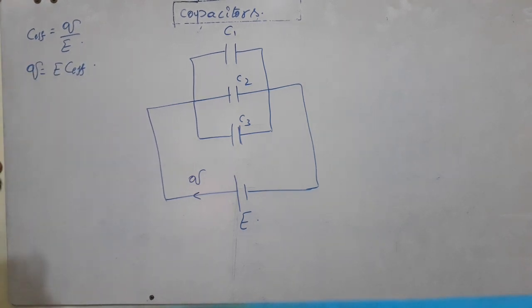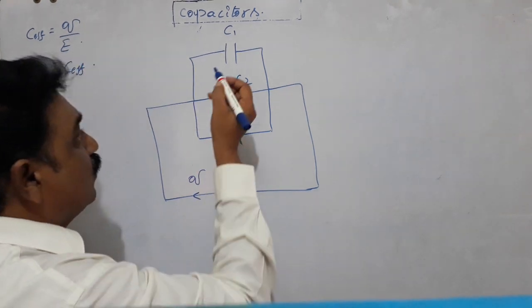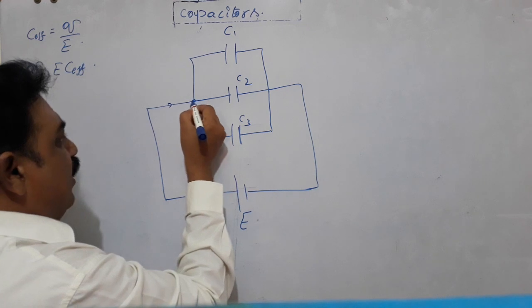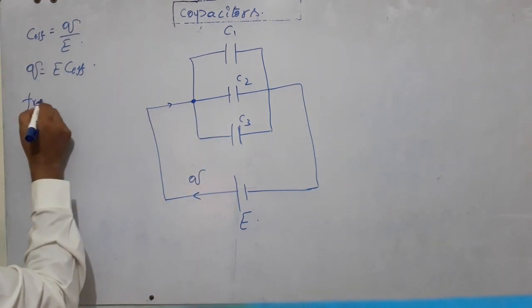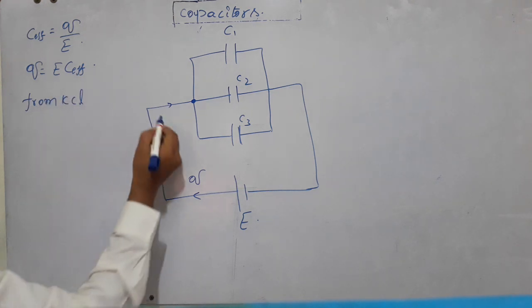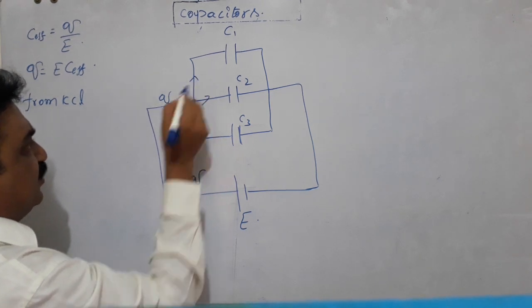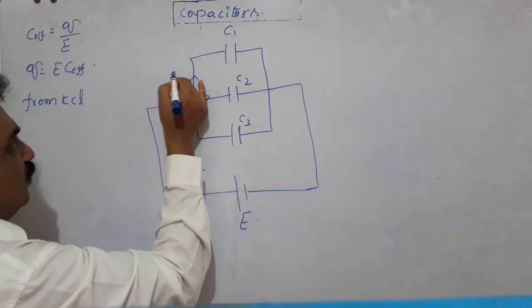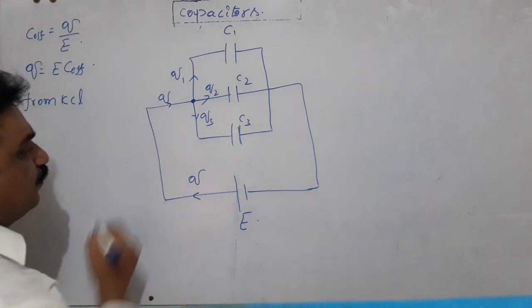In such a situation, if you observe carefully, you can apply KCL here. From KCL, the charge drawn from the cell is divided at this junction into three different parts, Q1, Q2, Q3.